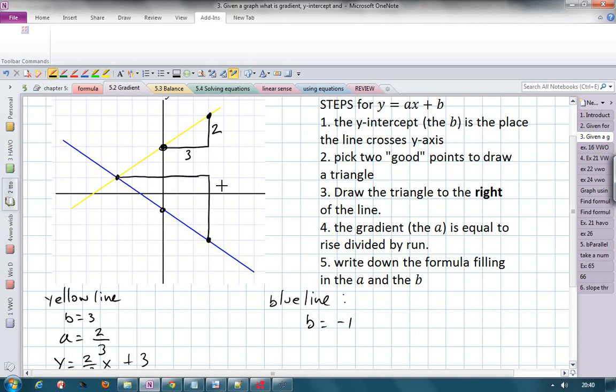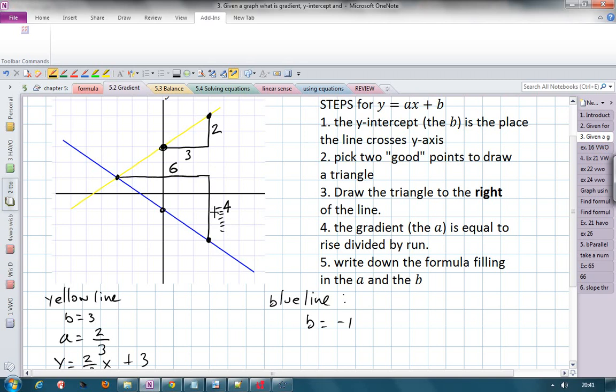It's about the ratio. So if I draw this in, I'm going to the right 6 on this triangle, and then I'm going down 4. This explains why it's important to draw the triangle to the right of the line, because if you do it to the right, then this fact that you're going down tells you that the slope, or the gradient in this case, is negative.